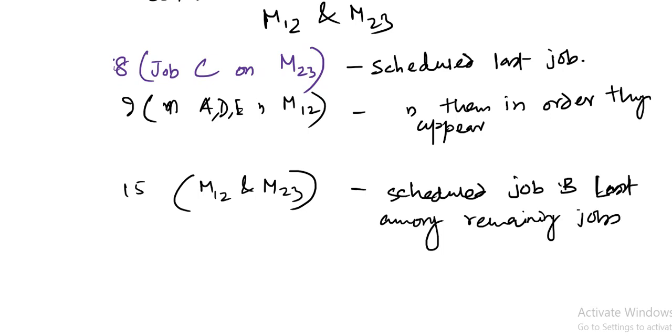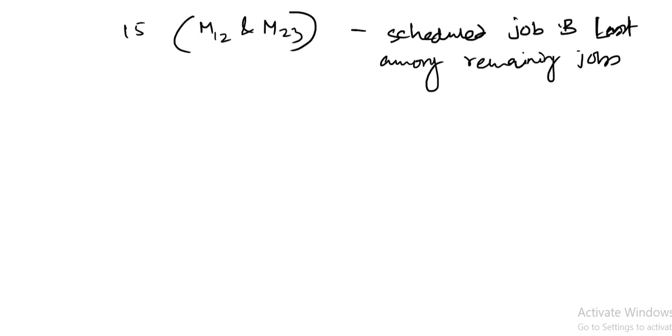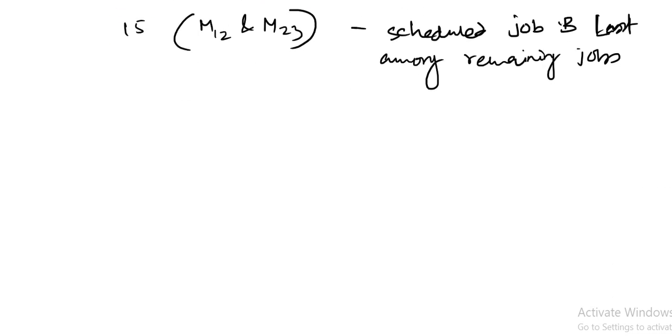So the optimal sequence, considering ties, is A, D, E, B, C.